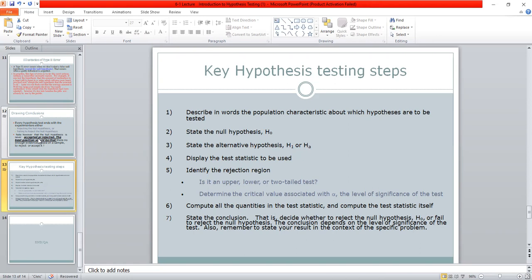But in business, the bottom line is profit. Because you see, the lower the level of significance, the costlier the investment you put in.